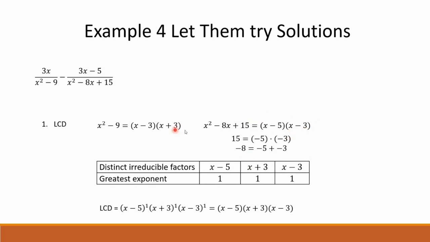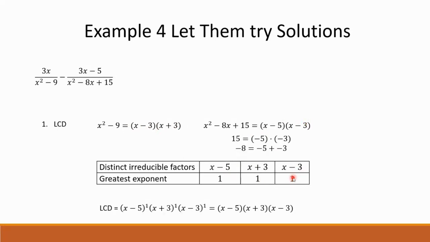Now we have the denominators factored, right? Let's get the LCD. So we have x minus 3, x plus 3, and x minus 5. Now, the biggest exponent: x minus 3 is in both denominators when they're factored, and the only exponent of it is 1.